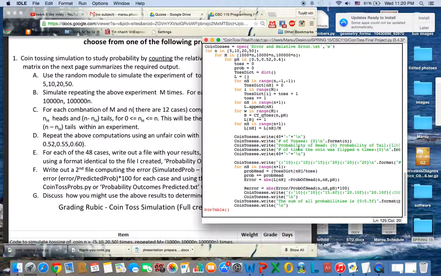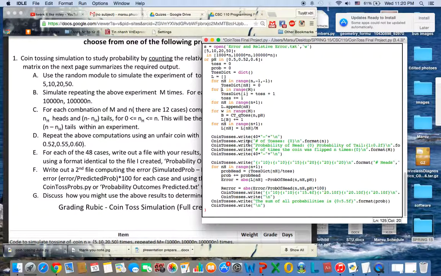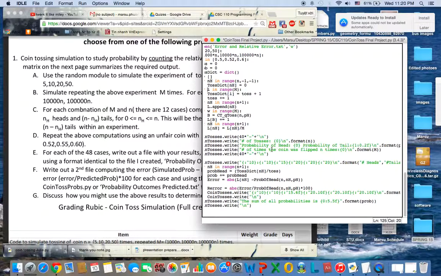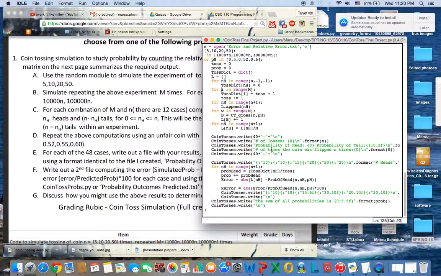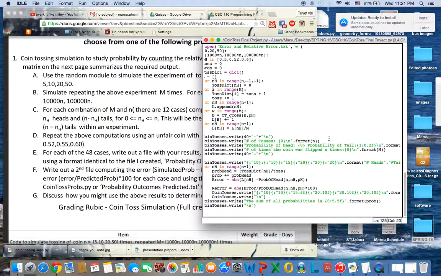However, the difference is when we write to the file, we add more things, like the probability of tails, the prediction that we predict, and the errors between the predicted number and the real probability, and the relative error.